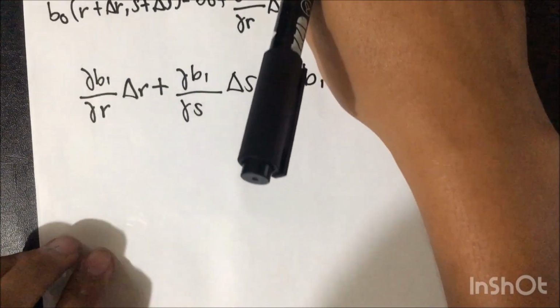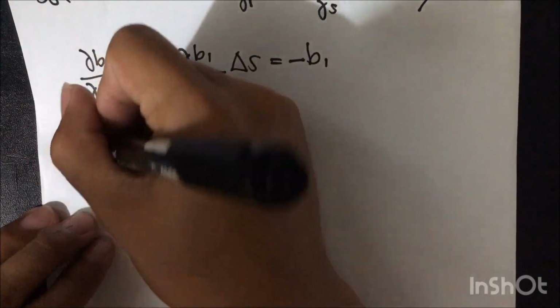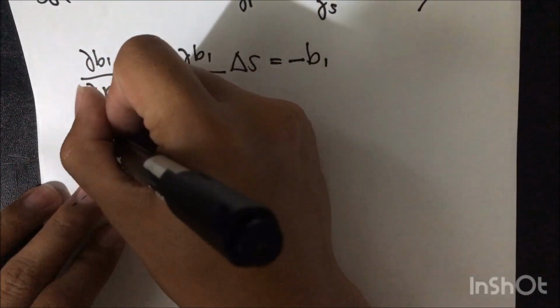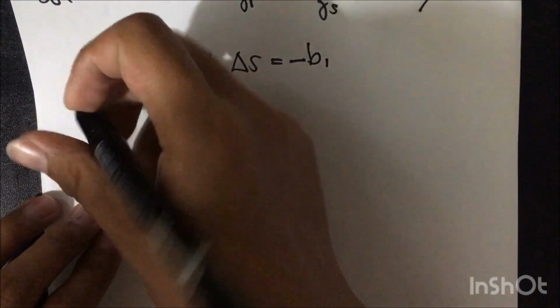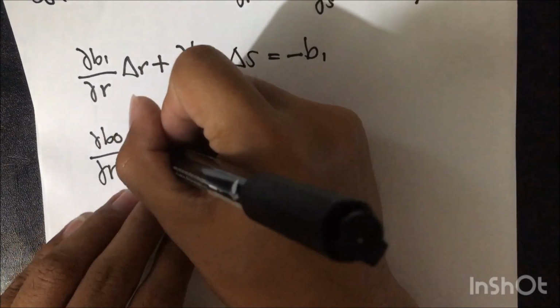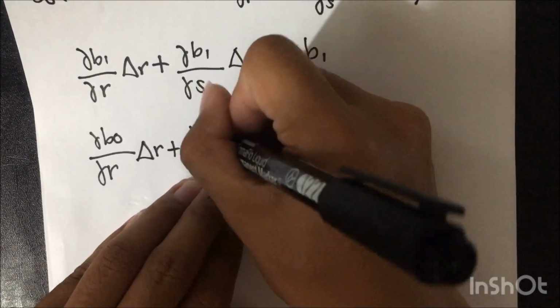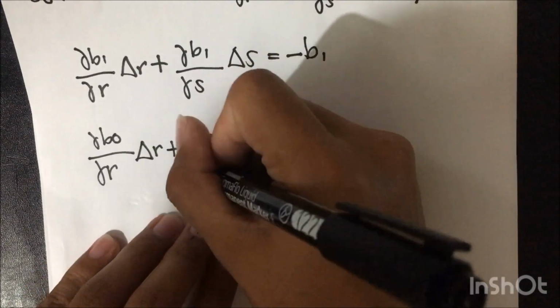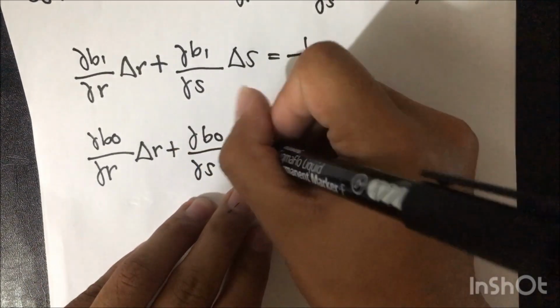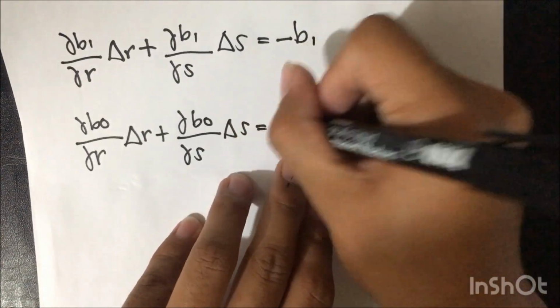Ngayon, para naman sa b sub 0 natin, pag sinimplify natin, ito yung matitira. Partial derivative of b sub 0 over partial derivative of R times delta R plus partial derivative of b sub 0 over partial derivative of S times delta S is equal to negative b sub 0.